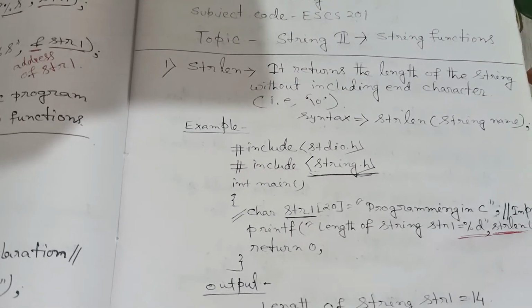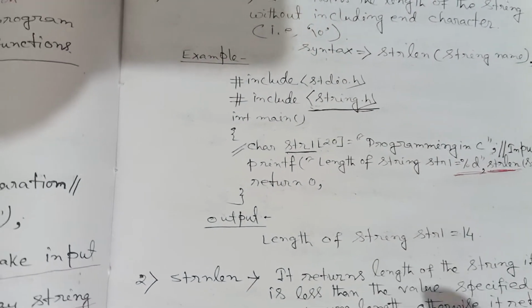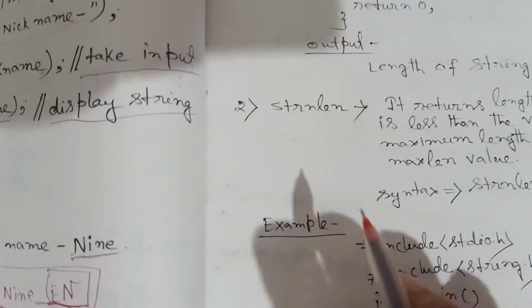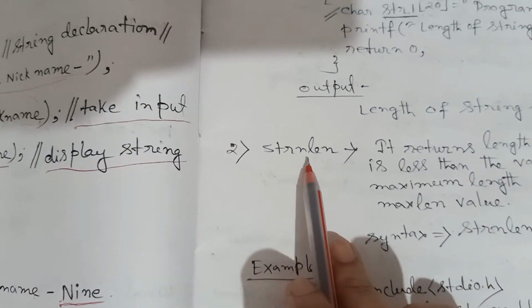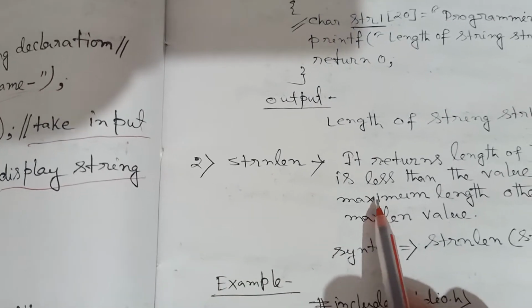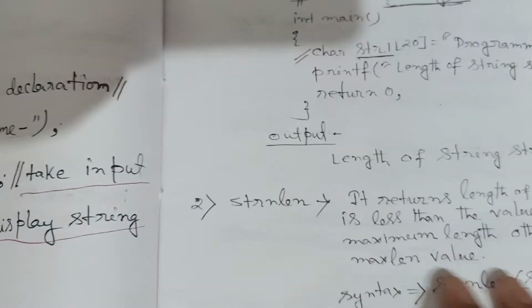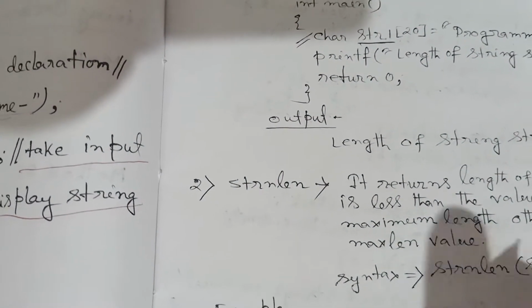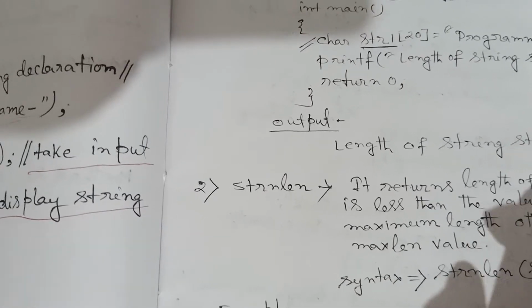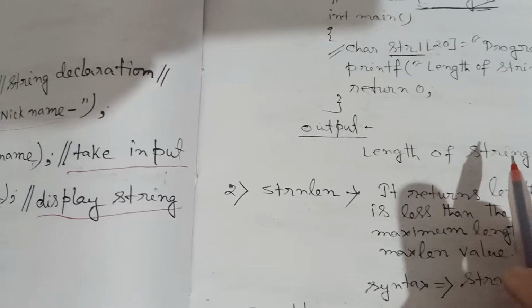So this is the first string function strlen, and how it is used in C programming is also given in this example. Next string function is strnlen. strnlen counts only the number of characters within a string.